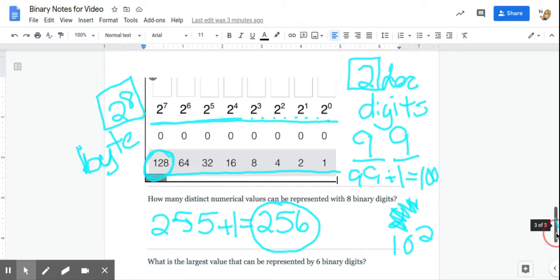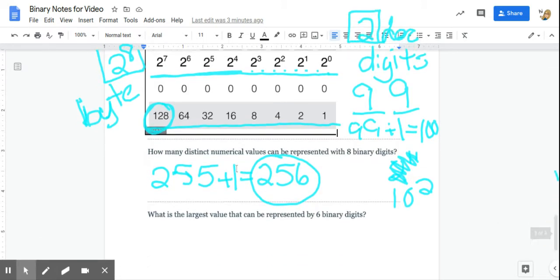Let me just scroll down to that. What is the largest value that can be represented by 6 binary digits? To figure out the total number of numbers that can be represented, we can just do 2 to the 6th, which is 64. But this question is slightly different. It says, what is the largest value?